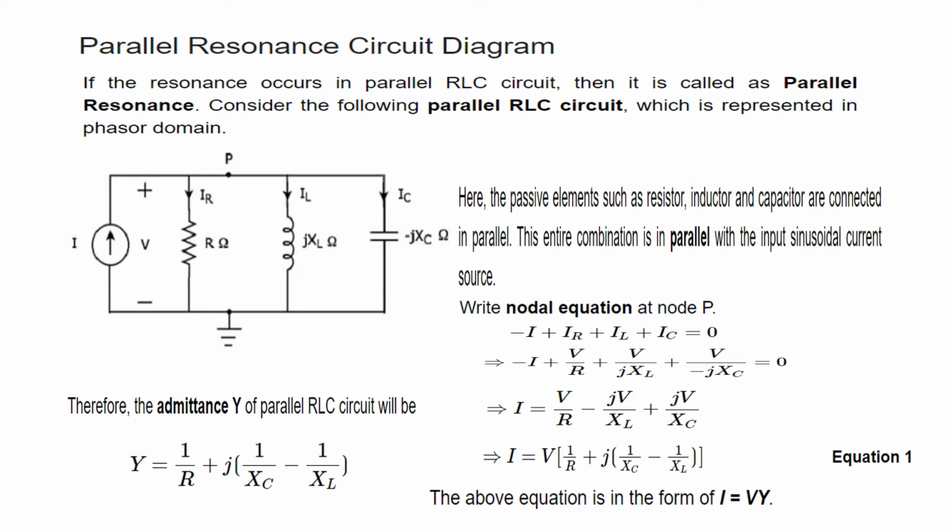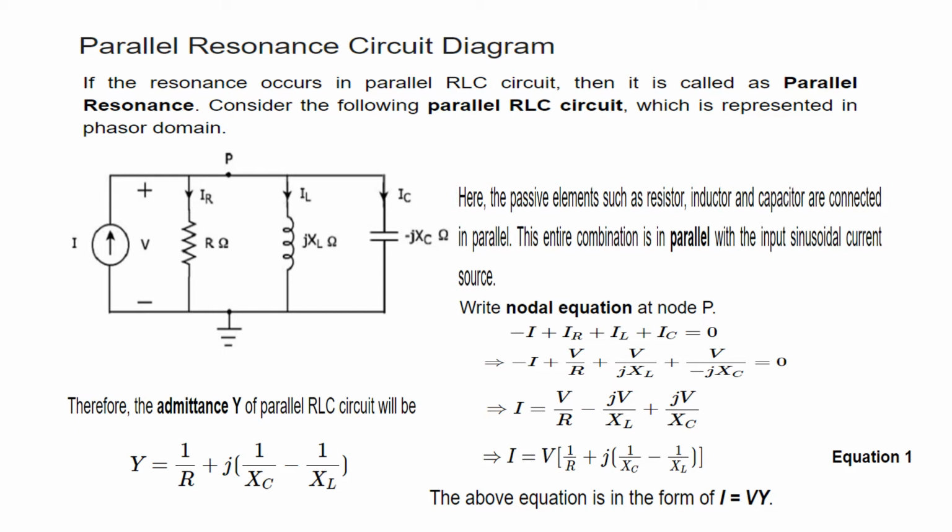By putting the values of IR, IL, IC, we get minus I plus V upon R plus V upon j XL plus V upon minus j XC equal to 0. Further, I equal to V upon R minus j V upon XL plus j V upon XC, or I equal to V into 1 upon R plus j into 1 upon XC minus 1 upon XL, as shown in equation number 1.